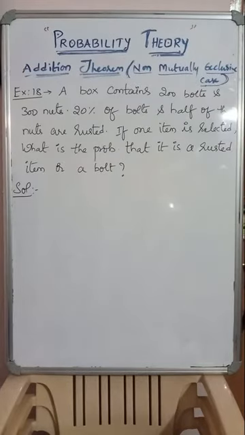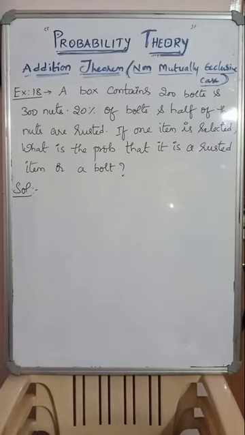Look at this question guys. A box contains 200 bolts and 300 nuts. 20% of the bolts and half of the nuts are rusted. Clear? If one item is randomly selected, what is the probability that it is a rusted item or it is a bolt?